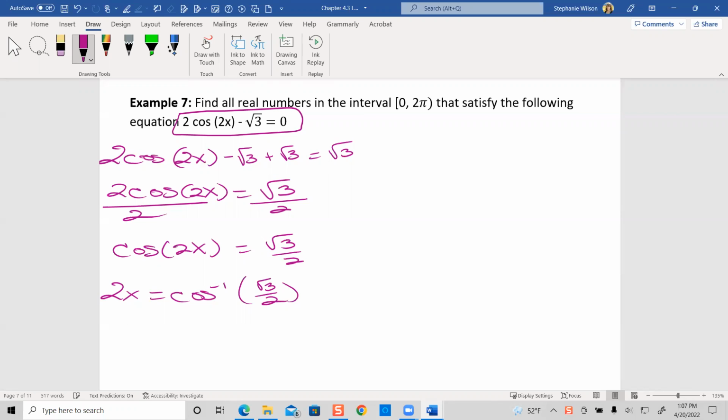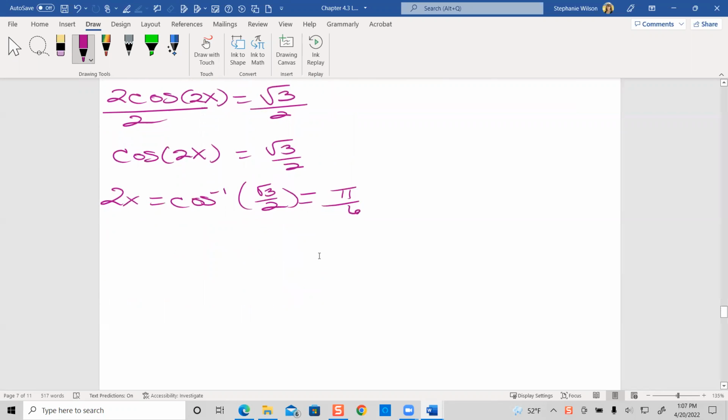It gives me pi 6. All right, so now I know what my S is, right? And we're going to go to the identity to find it. So now let's take our identity, and we have to be sure and do the 2x because we have to factor that out in just a little bit. Plug in for my S.